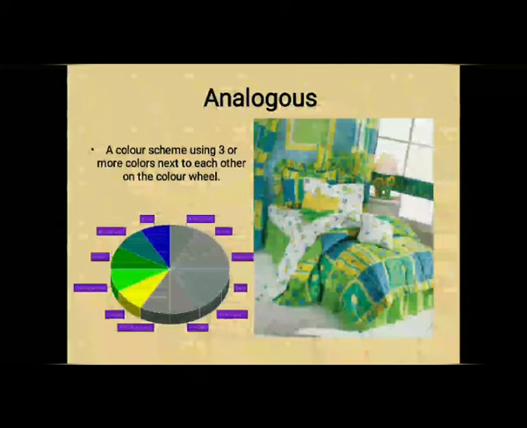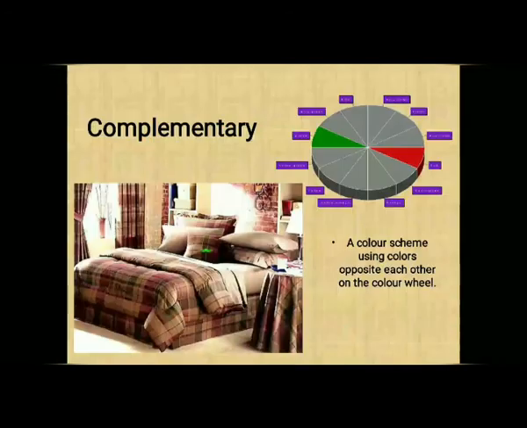So if you are using these colors and designing a room, then it is called analogous color scheme. Even in this you can use value scale, intense scale, tint, shade, tone and other things. Even neutral colors were also used. So this color scheme is called analogous color scheme.